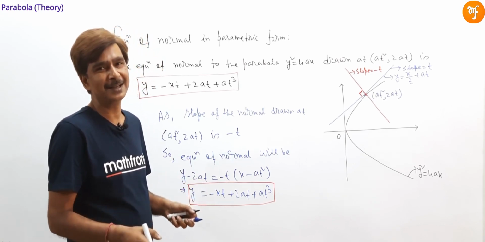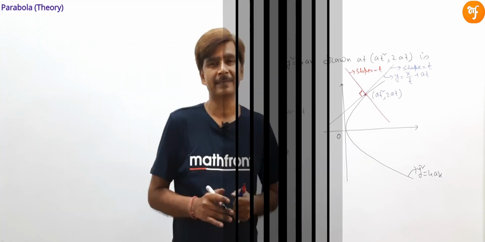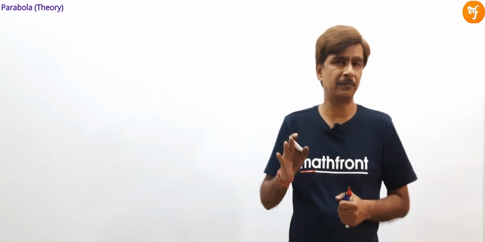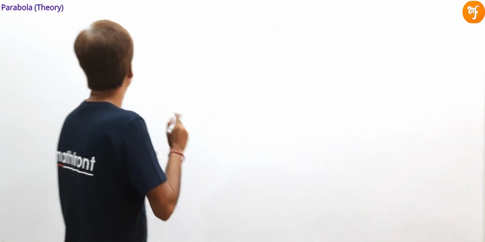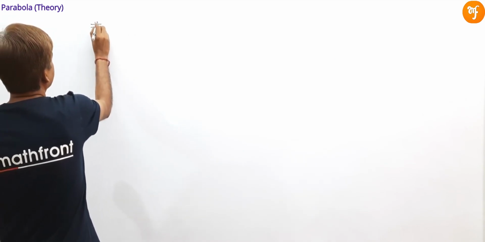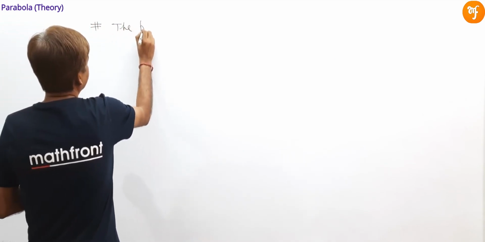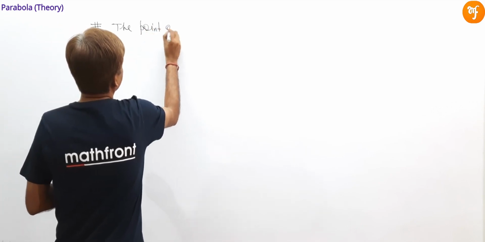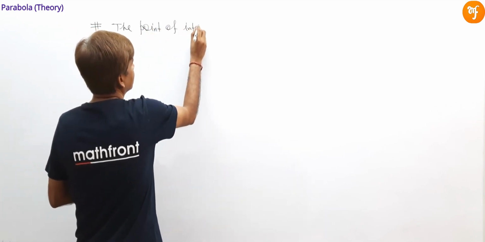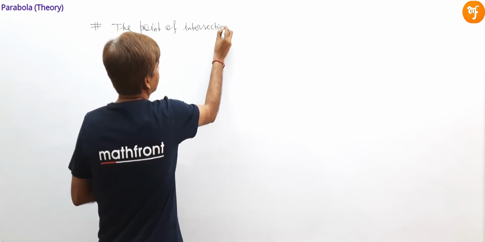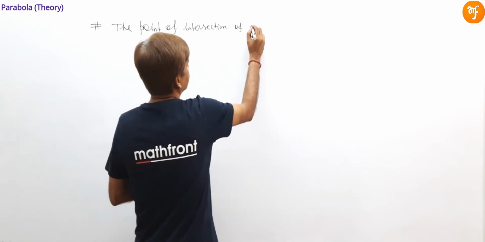Now let's come to another discussion. So friends, now we are discussing a very important point for numericals, that is the point of intersection of two normals of a parabola. Okay, so what is the heading? The point of intersection of two normals.